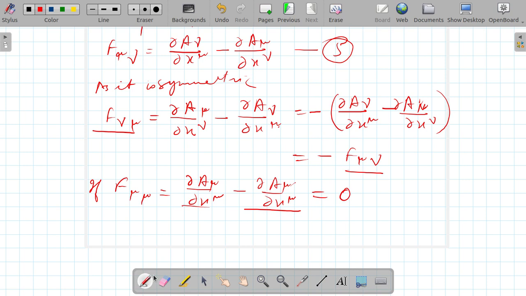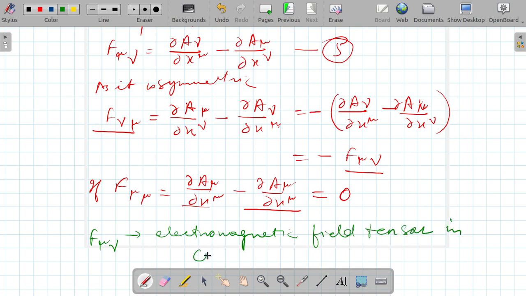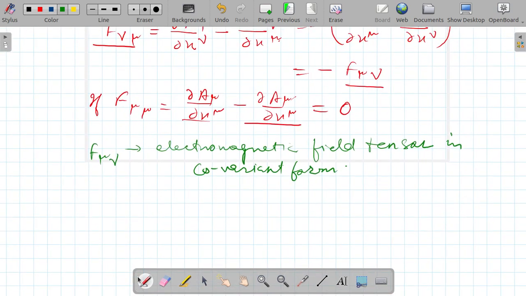So F mu nu is called the electromagnetic field tensor in covariant form, and if we change the indices, raising and lowering of indices leads to the contravariant form.